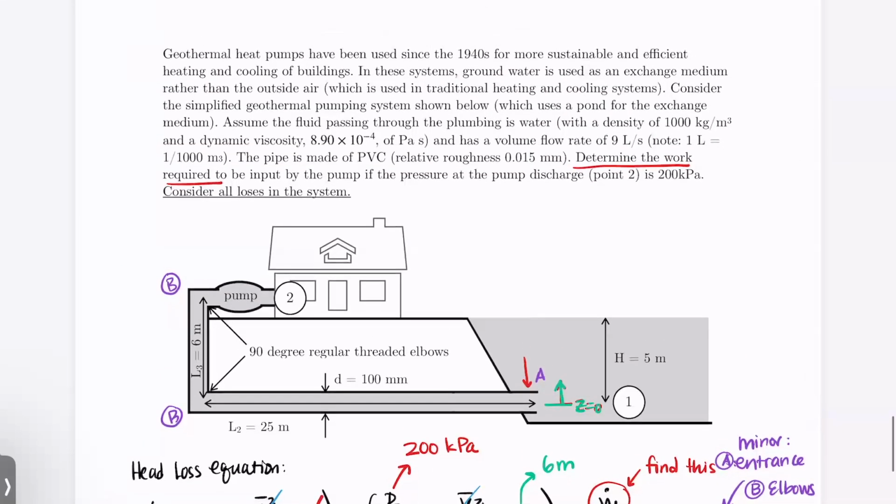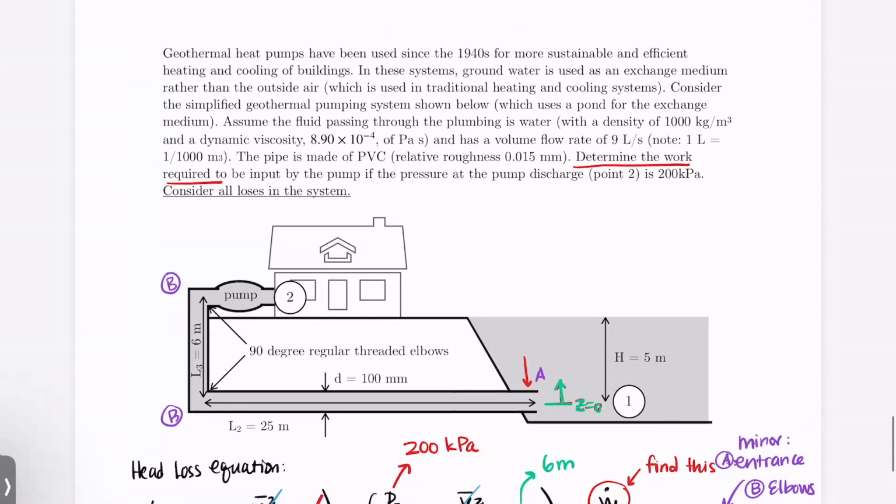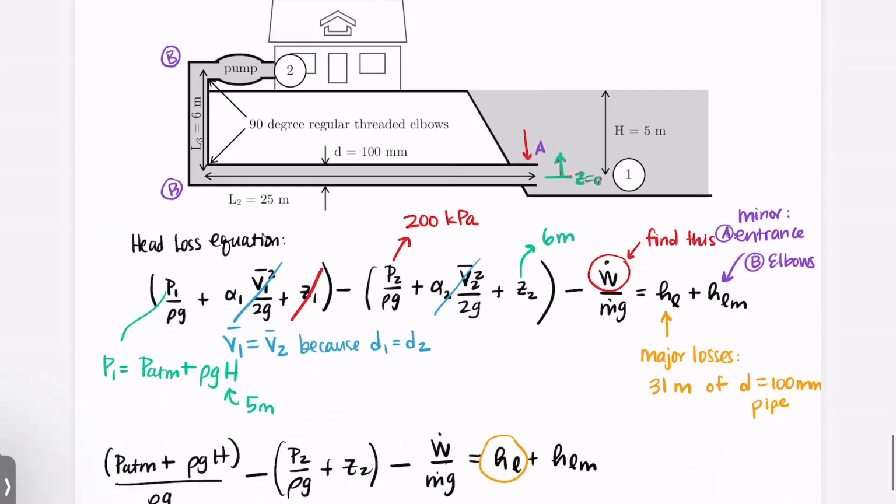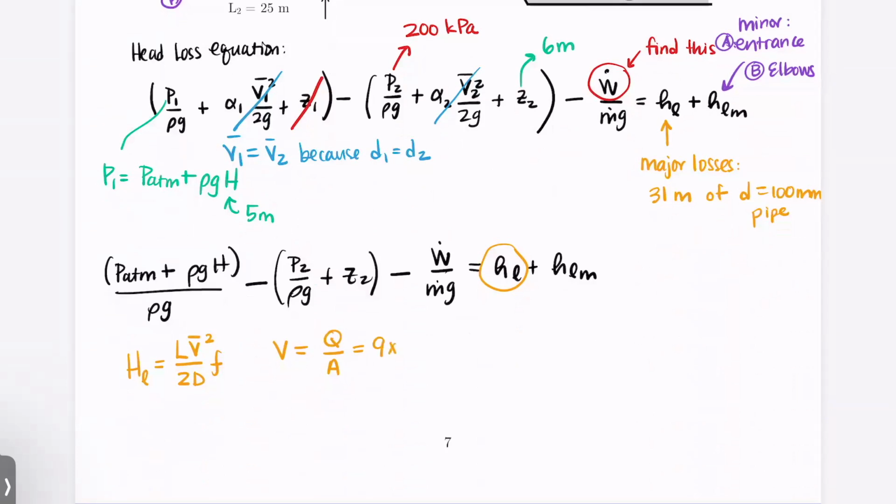So Q is 9 liters per second. So that's 9 times 10 to the minus 3 meters cubed per second. And then we're going to divide by the area.